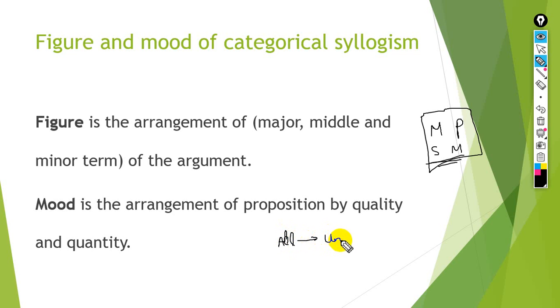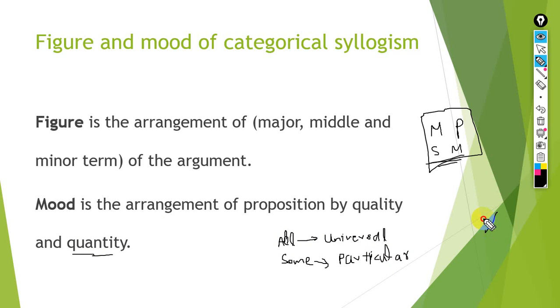Okay, universal quantity. Second, for example, we say some, particular. Some means particular. So particular is the quantity. Quantity is universal or particular.